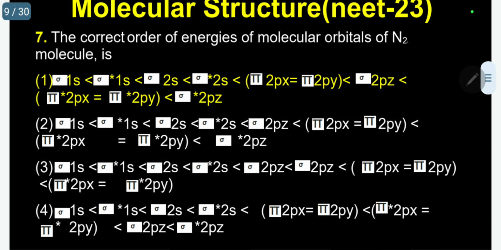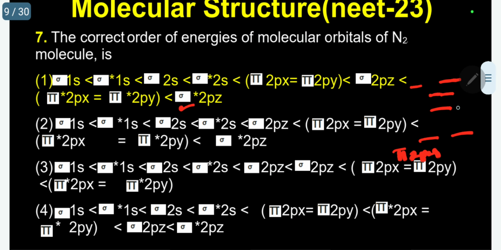So when we are going for the highest level, this is the order we have discussed. Kindly follow. This is pi 2py. And here we have to see what the sigma is. That is the most important. So sigma means, here the molecular axis is the z axis.